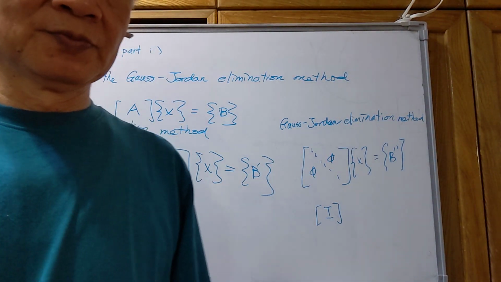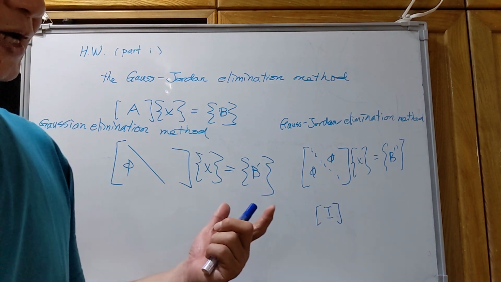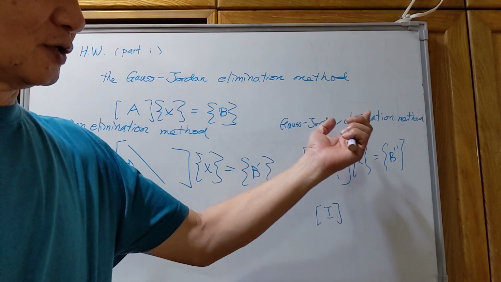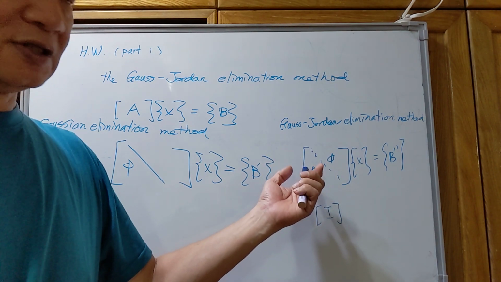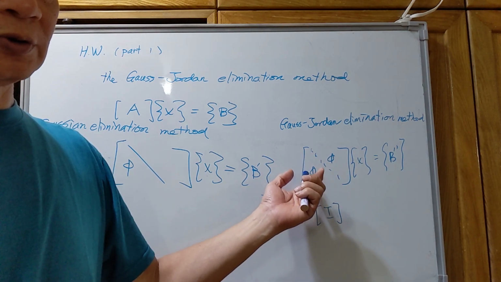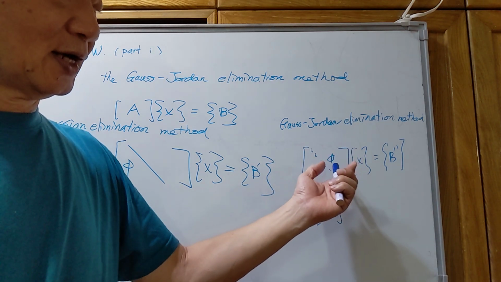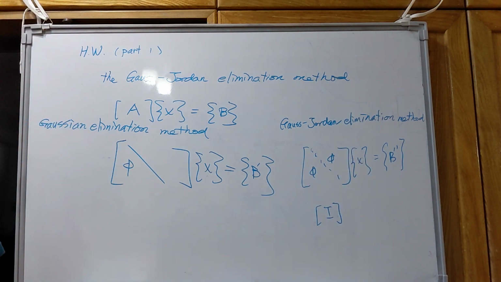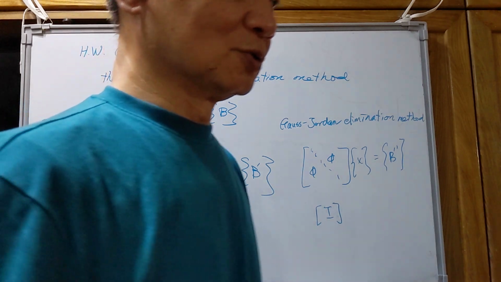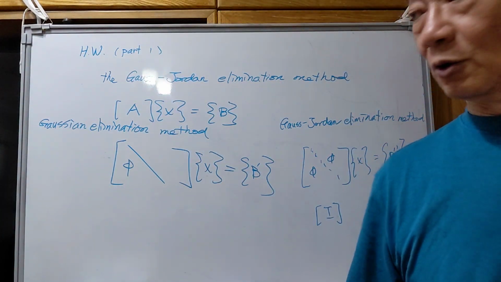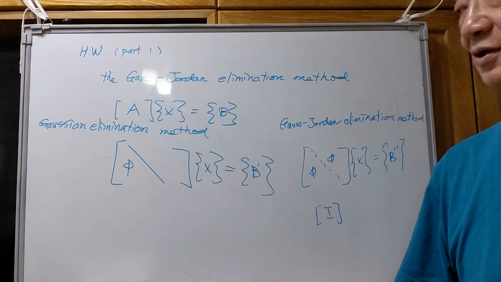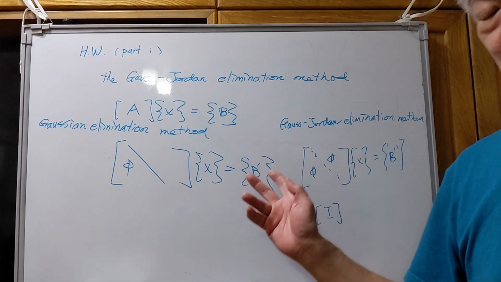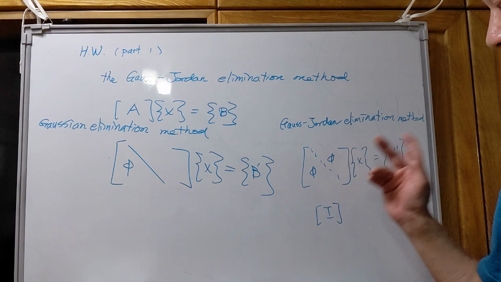We make all elements in the lower triangle equal to zeros, all elements in the upper triangle equal to zeros, and all the diagonal elements equal to 1s. Okay, that's the Gauss-Jordan elimination method.